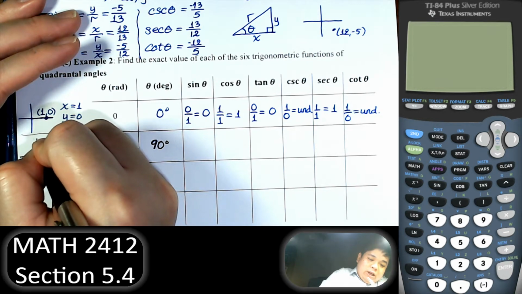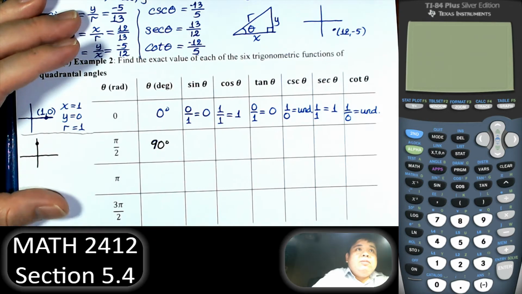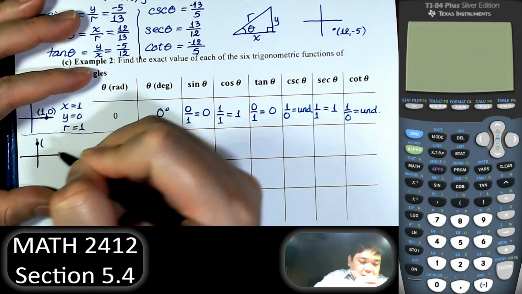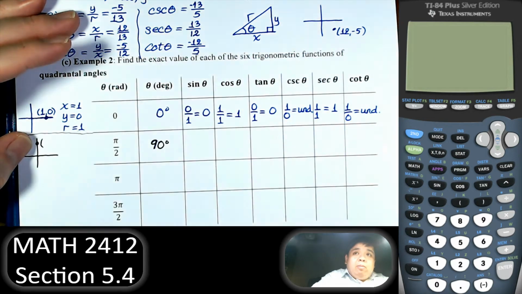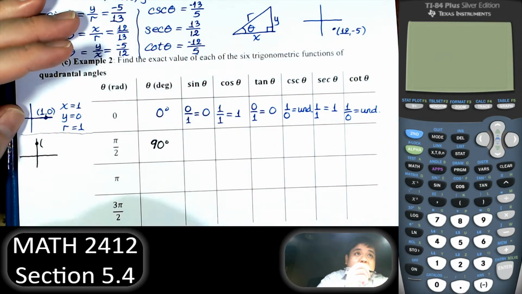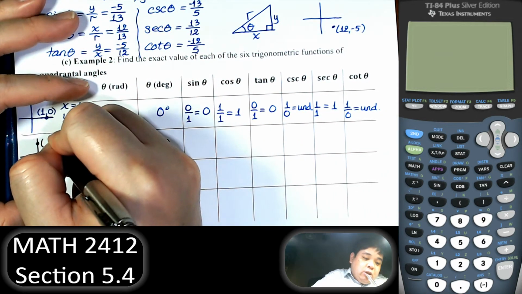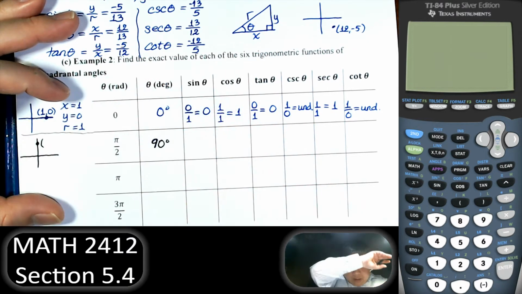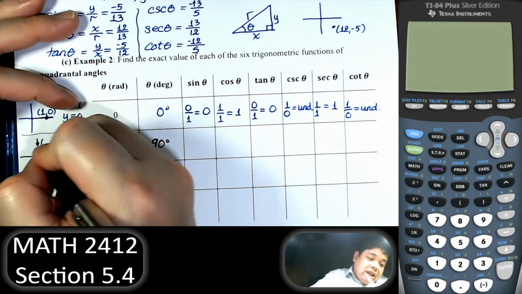So the point will be here. And we can say the x values can be whatever, but the y values can be anything, while the x values have to be 0.